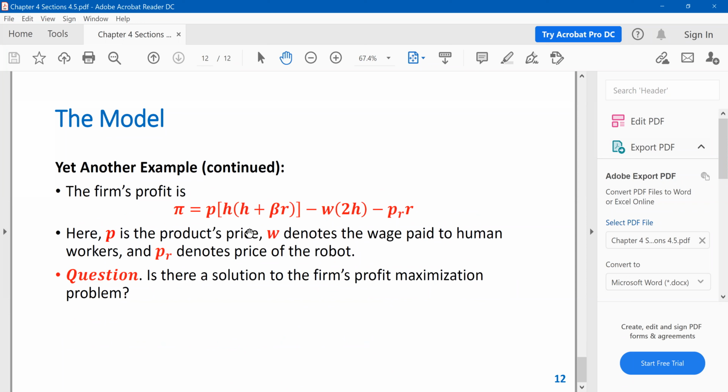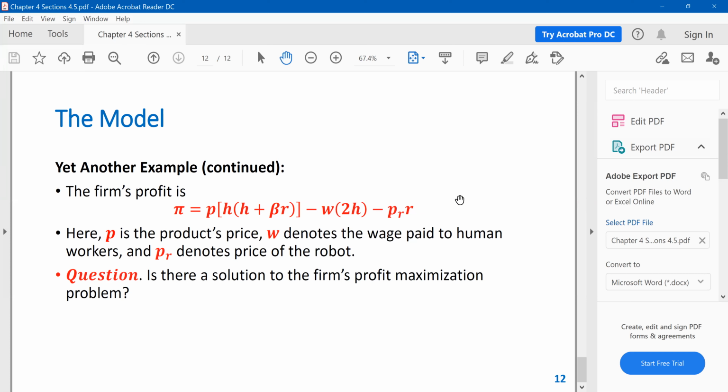The other is working for task 2, but also we have the robot worker. So the total wage cost is W times 2H because I have two workers and I pay a wage, W, and then we have the price for the robot, PR.